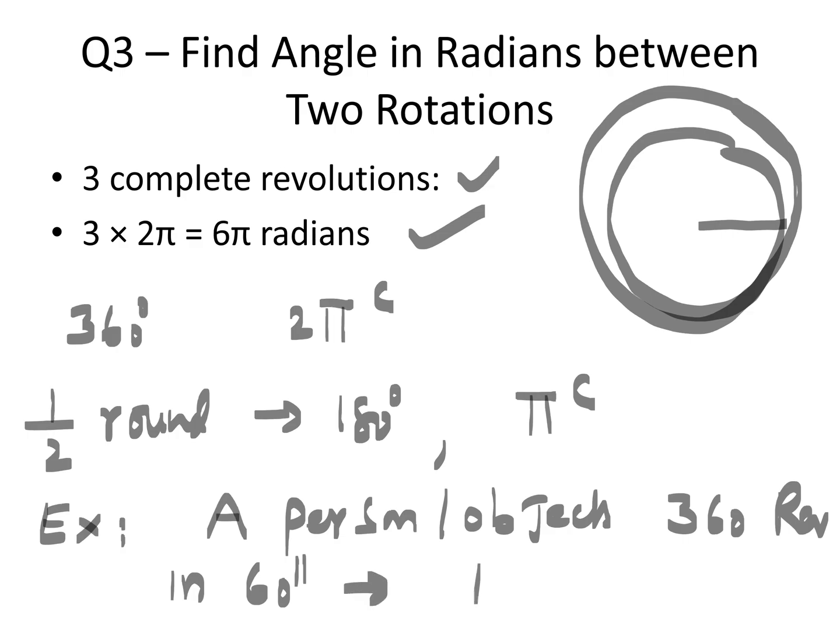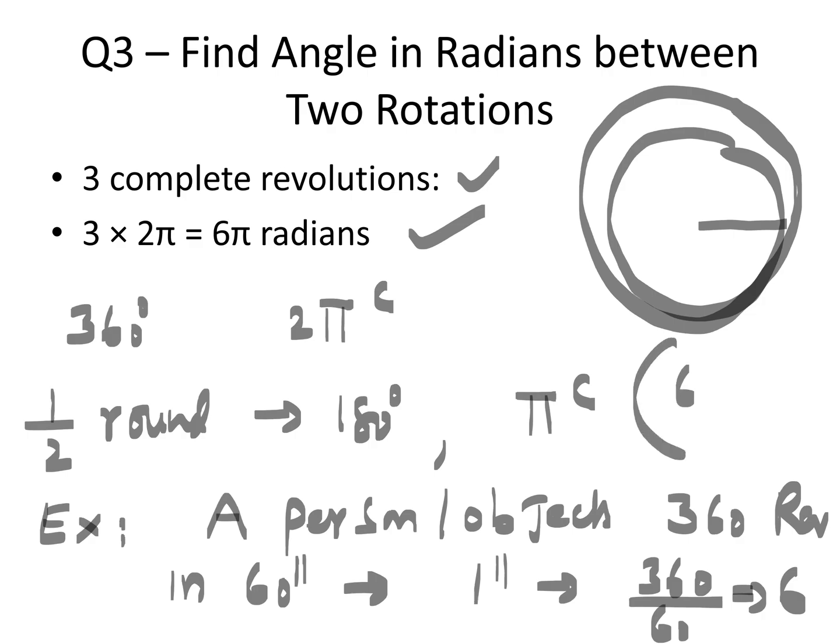In 1 second it takes 360 by 60. That means it takes only 6 revolutions in 1 second. That means it is traveling around 6 into 2 pi radians. If I convert here, 6 into 2 pi radians, that means 12 pi radians is covered in 1 second.